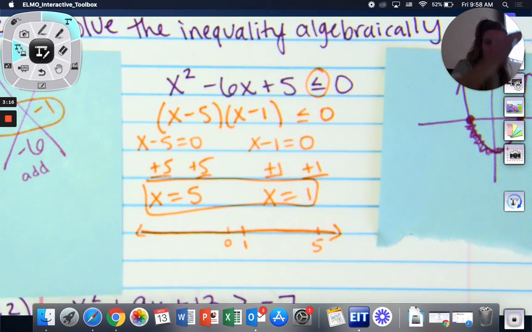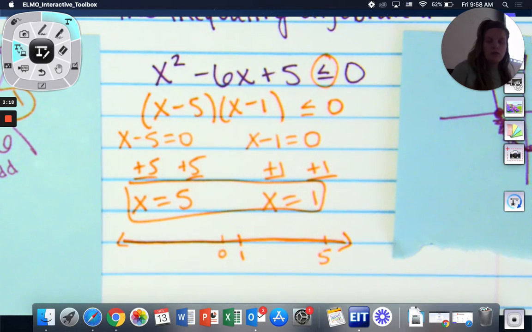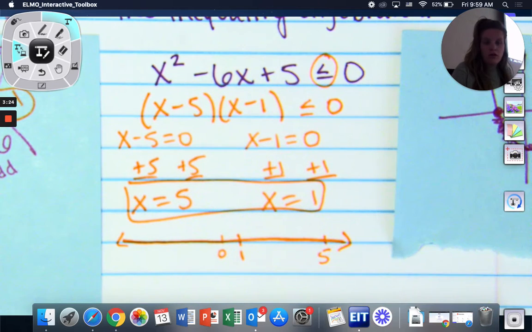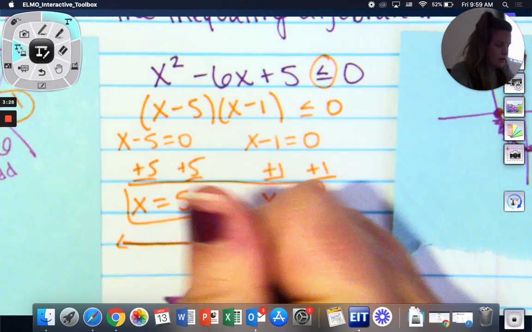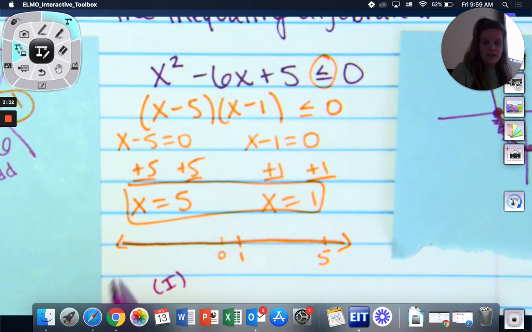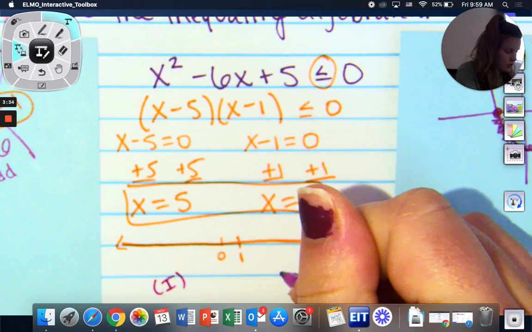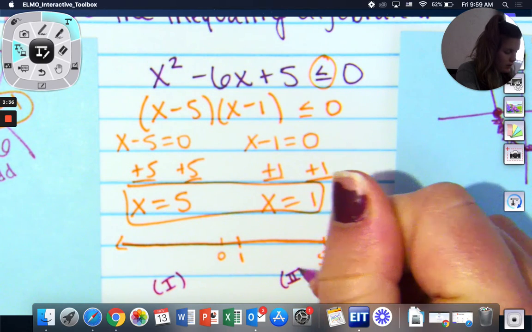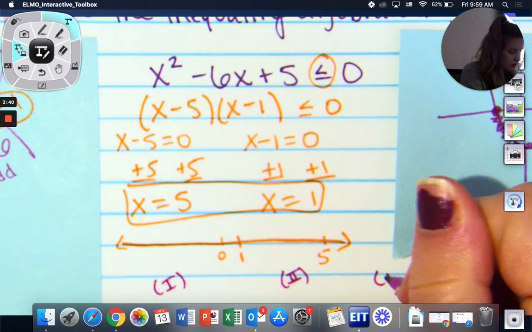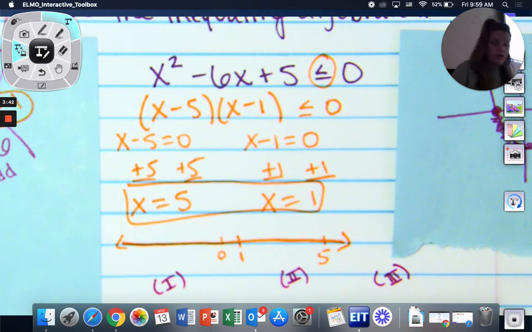When you plot your critical values, 1 and 5, that's what they're called, you divide this into three sections. Section 1 is anything less than 1. Section 2 is between 1 and 5. Section 3 is anything greater than 5.